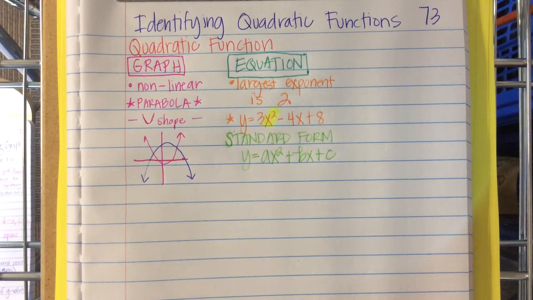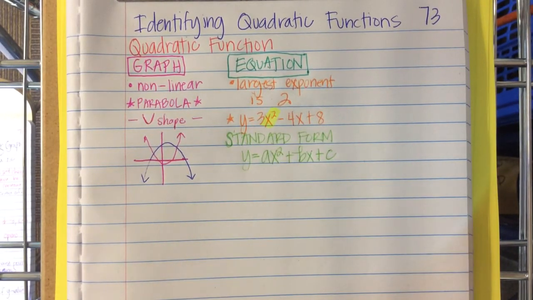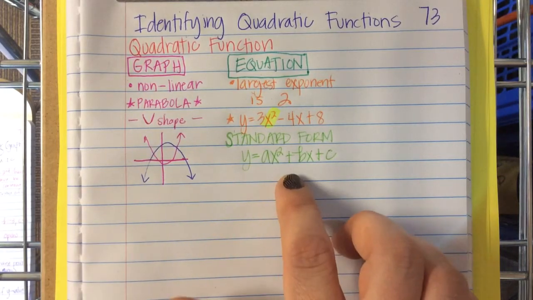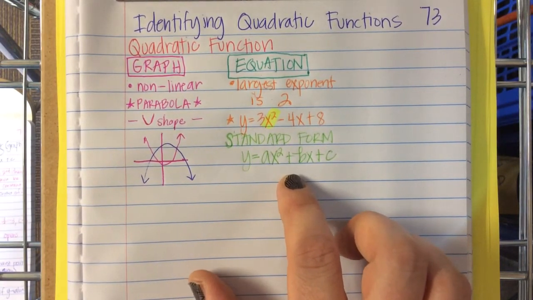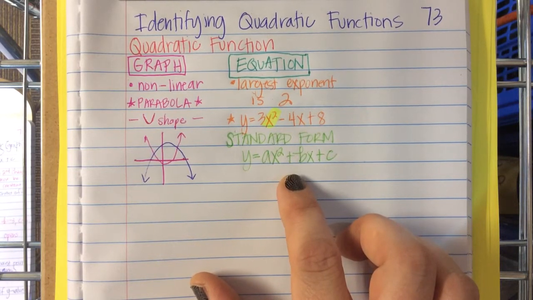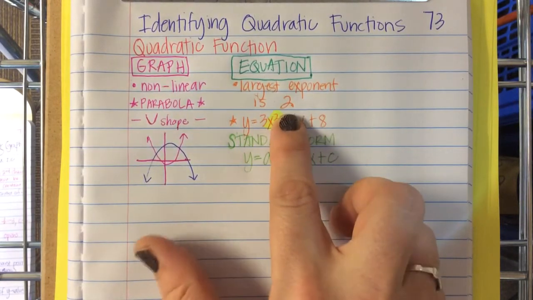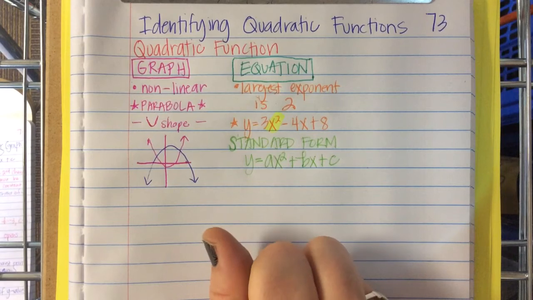What do you look for? An exponent of 2. If it has an exponent of 2, the answer is yes. If it does not have an exponent of 2, the answer is no. If it has an exponent of 2, but it also has an exponent of 3, then the largest exponent would be 3, so it is not quadratic, it's cubic.